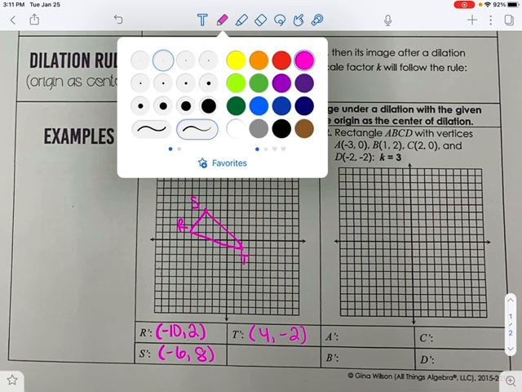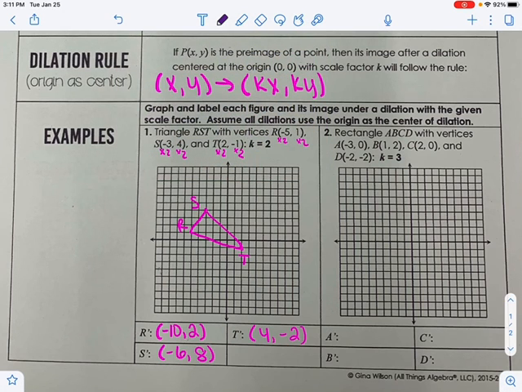And then, probably should change colors. If you were to graph these, you will notice that you are about 2 times bigger than your original triangle. Right, there you go.